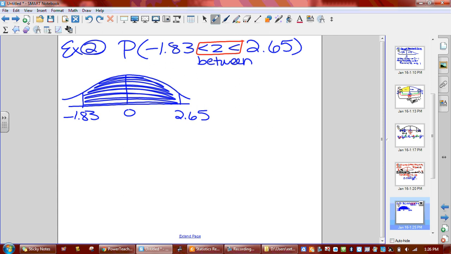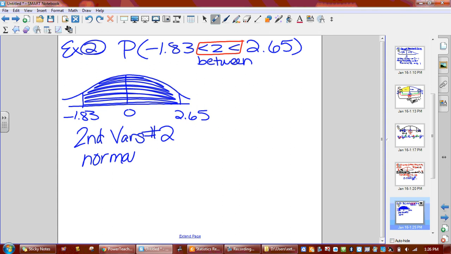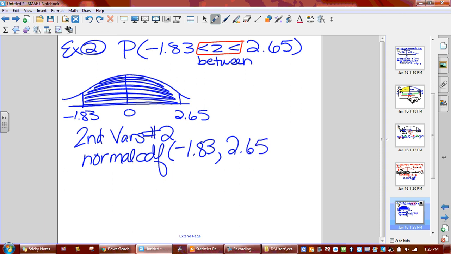So, for an area, if we go second bars, number 2, normal CDF, you're going to put -1.83 as your lower, your upper is 2.65, and hit enter.